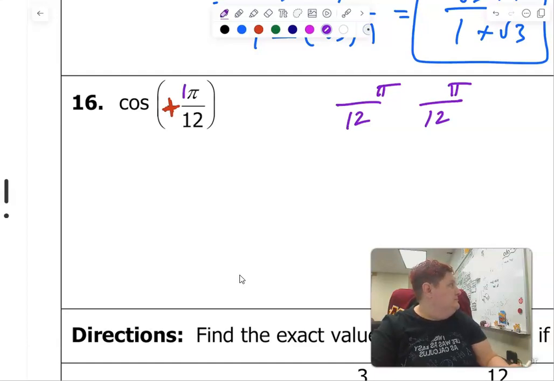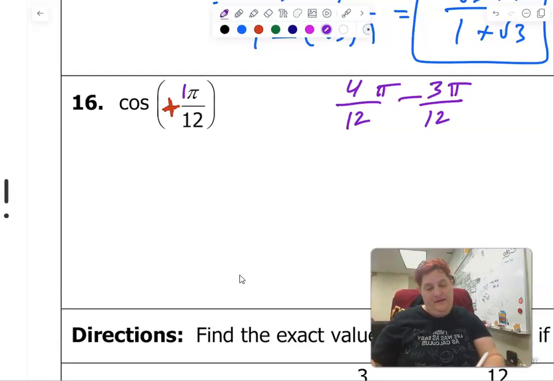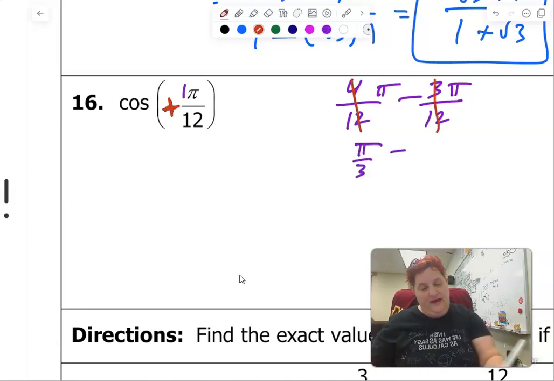But they both have to reduce with 12, so I can't use like 6 and 5, because 5 doesn't reduce with 12. So let's see, how about 4 and 3? Now, that reduces to pi over 3, and that reduces to pi over 4.